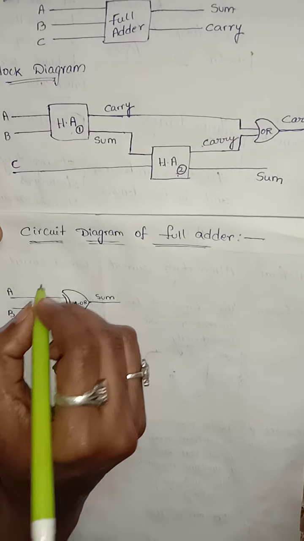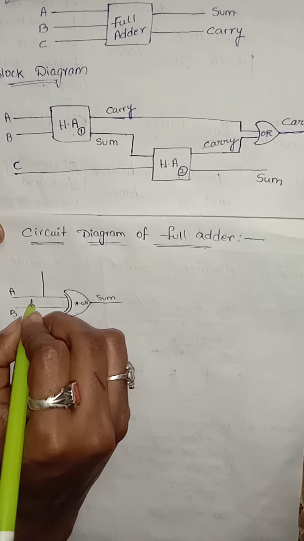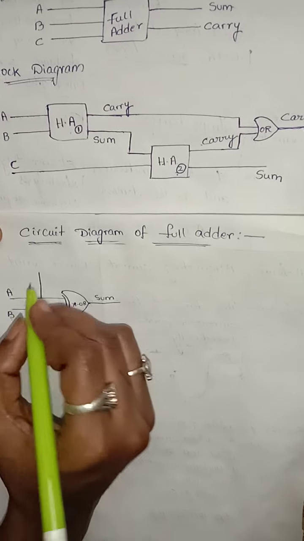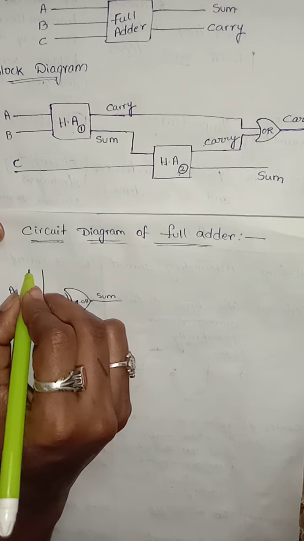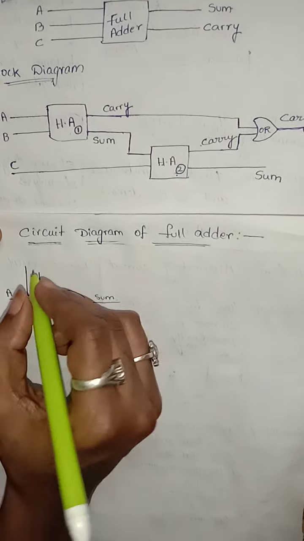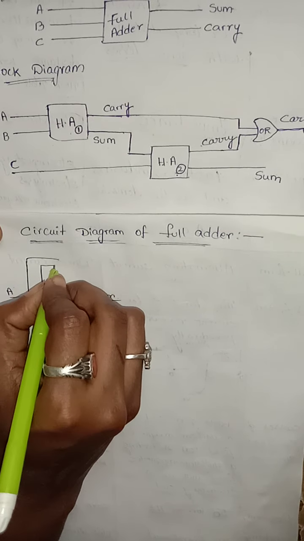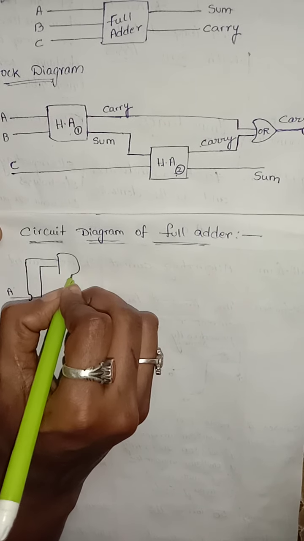And these inputs A and B, observe this notch, both are given to the AND gate.